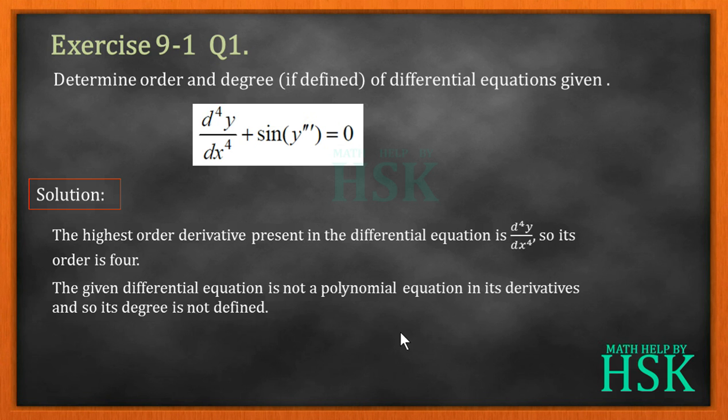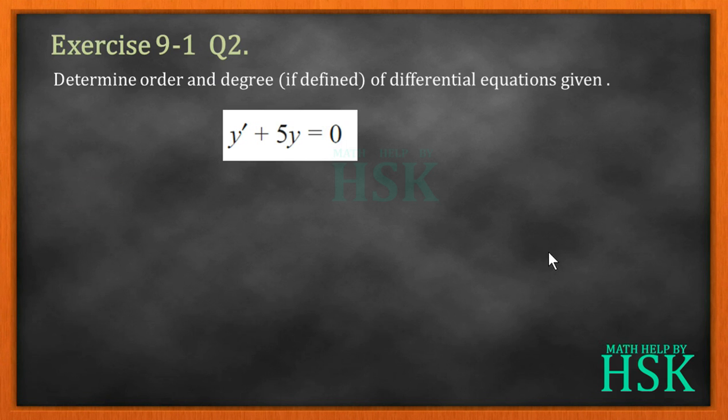Okay, so the next questions we are going to solve by applying similar concepts, and they will be done much more quickly. In question number 2, we have been given the differential equation y dash plus 5y is equal to 0. Y dash means the first derivative of y with respect to x.